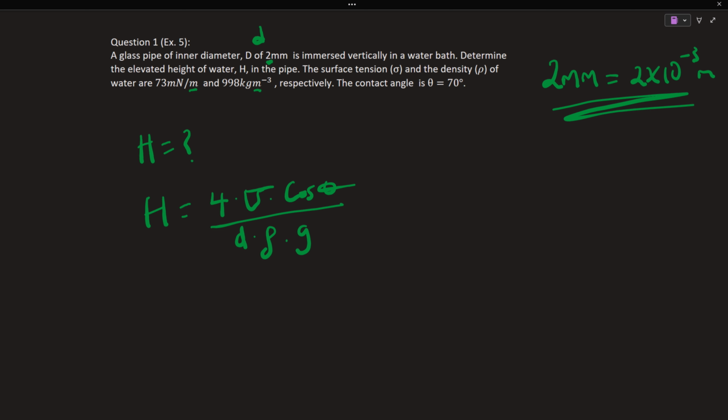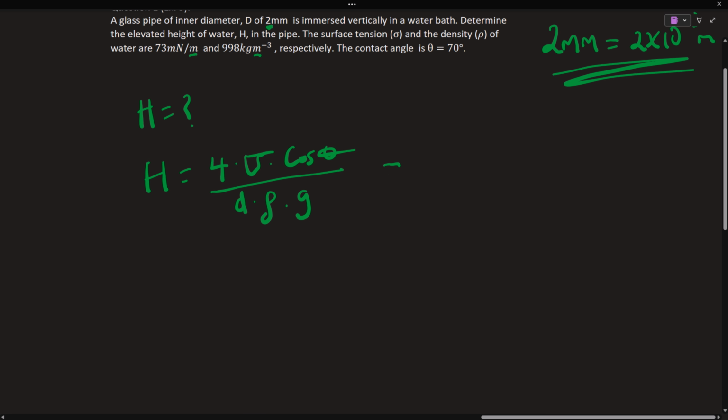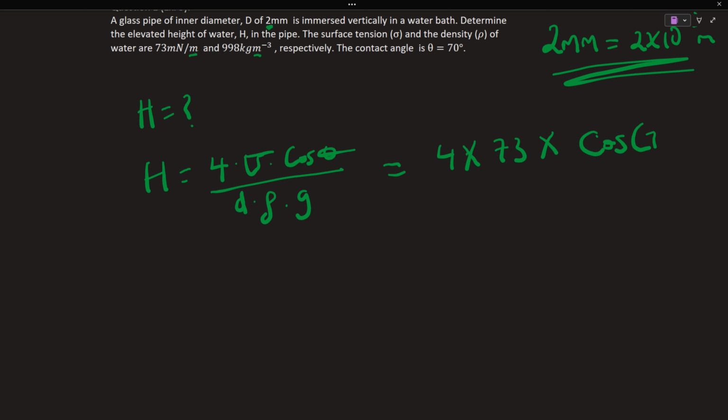So inputting this in our equation, we have 4 times our sigma, which is the surface tension, 73, times cos 70 degrees, over our diameter, which is 2 times 10 raised to the power minus 3, times our density of water, which is 998, times our acceleration due to gravity, which is 9.81.